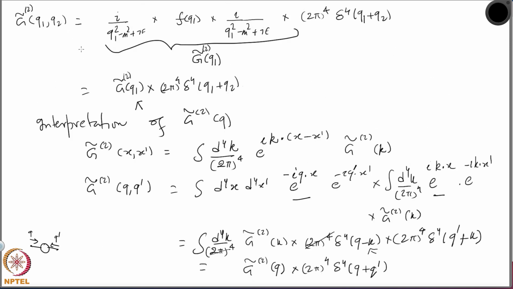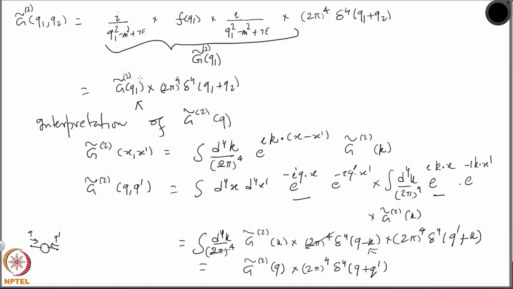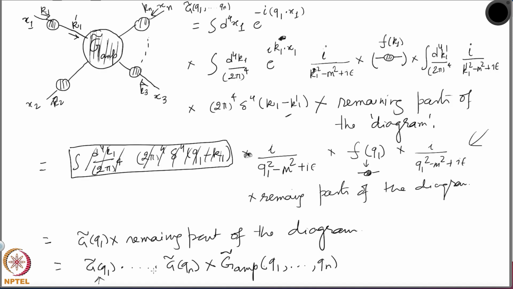Okay, we argued some time back that the 2-point function, if you take the Fourier transform, then it is 2 pi to the 4 times the overall momentum conserving delta function times g tilde 2 of q1, where this is this object, which is what appeared in the previous expression here. Okay, and now we have an interpretation for this factor. What is that? So if you were to take a 2-point function in the Fourier space, then that will be equal to 2 pi to the 4 times delta 4 of this, and the prefactor is what enters into here. Okay.